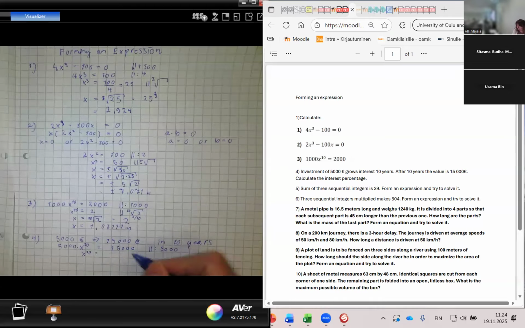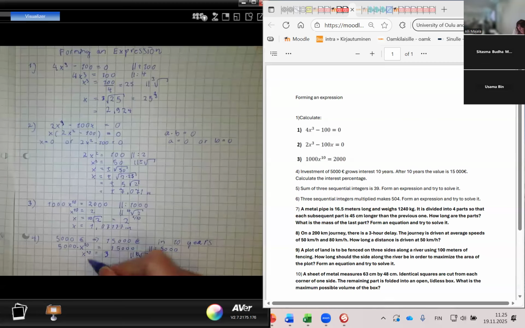This then 15,000 divided by 5,000 might be 3. And then we would need to take again the 10th root. So in this kind of a case, you would actually need this.